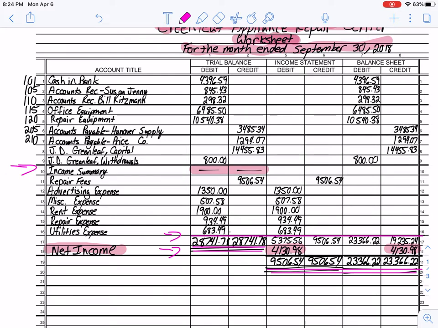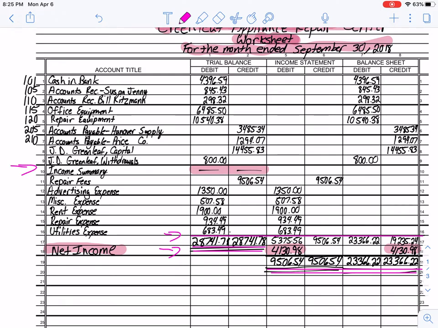If it's a credit in my trial balance, it's a credit in my balance sheet column. Then everything below income summary, so my temporary accounts, my expenses and my revenues, get moved over to the income statement. Again, credit in trial balance, credit in income statement; debit in trial balance, debit in income statement.